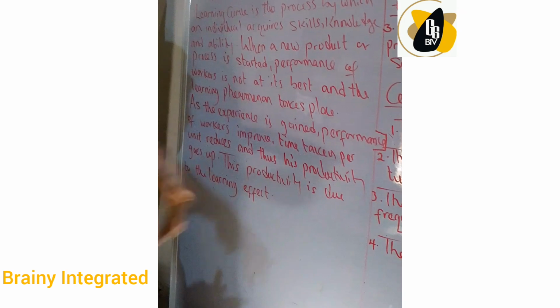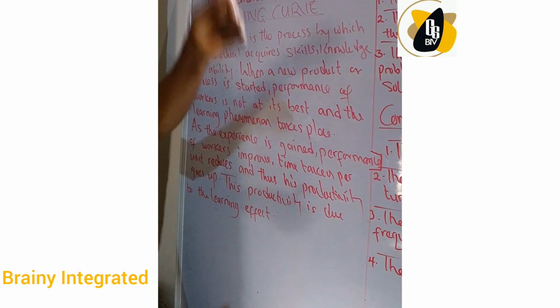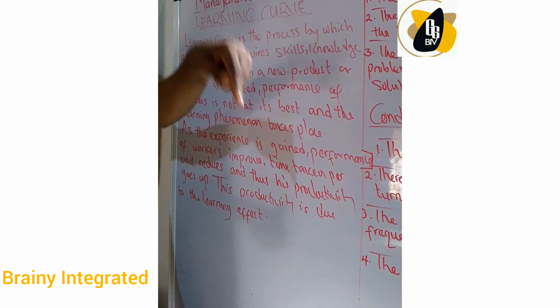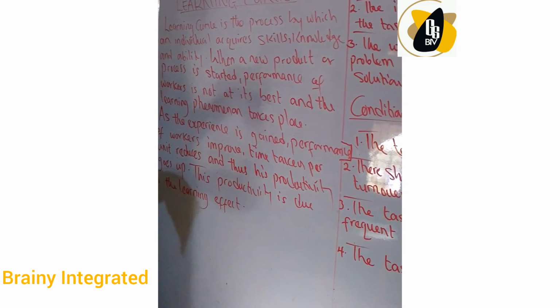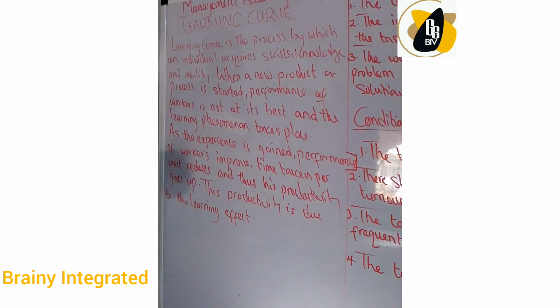If you're yet to see it, you might need to check the description and click the link to watch it. But before we solve illustration 1 and illustration 2, there are ways of solving questions on learning curve.